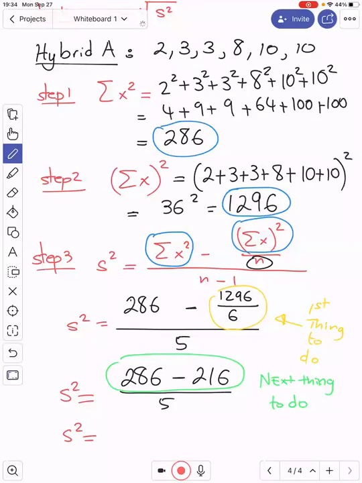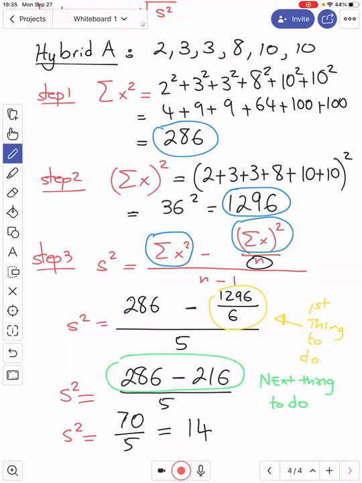That will be equal to 70. That'll be 70 over 5, and 70 over 5 is equal to 14. Any questions, guys, so far? That's our variance.